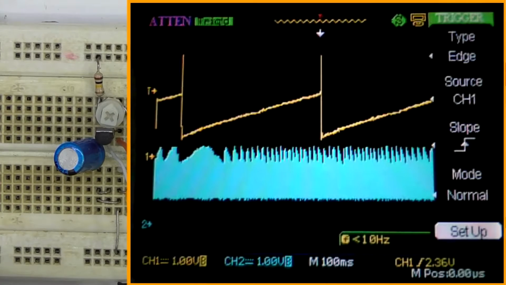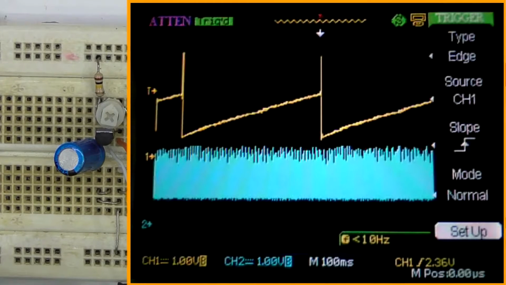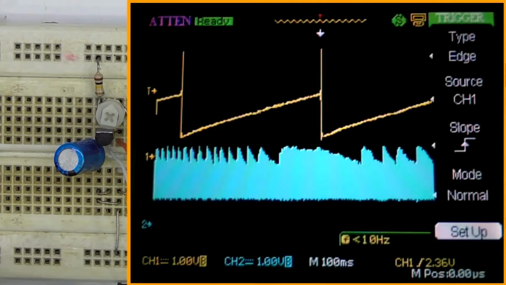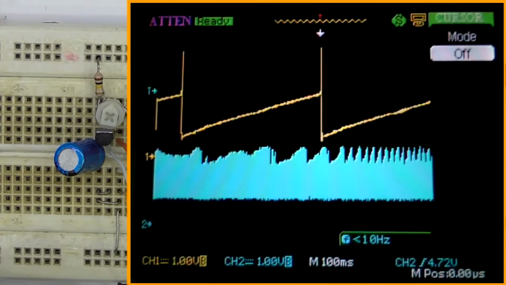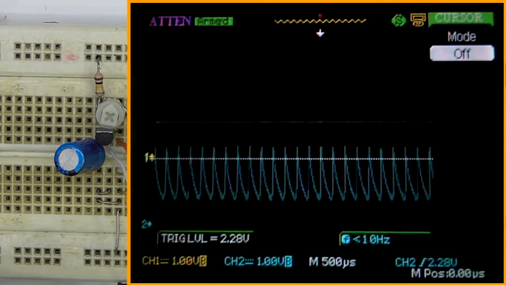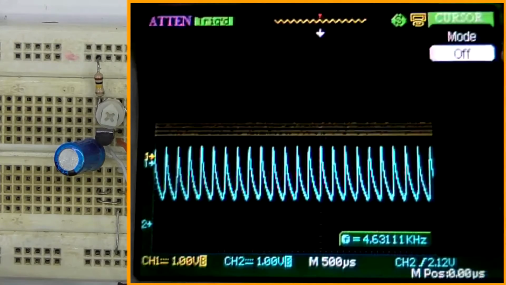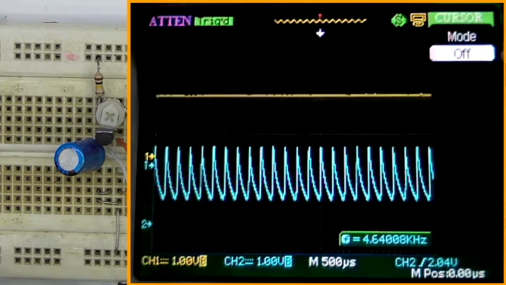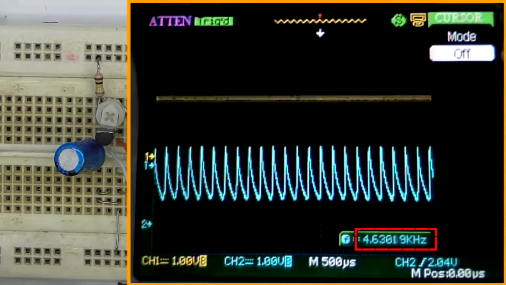You can see how the low frequency one now doesn't have the audio frequency on it at all, and if I set the trigger back to channel 2 and turn on cursors, you can see that the frequency is about 4.6 kilohertz.